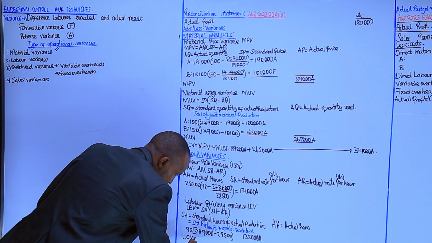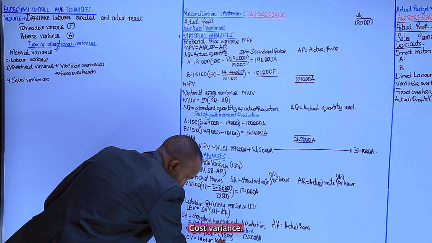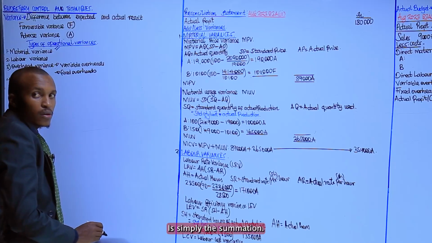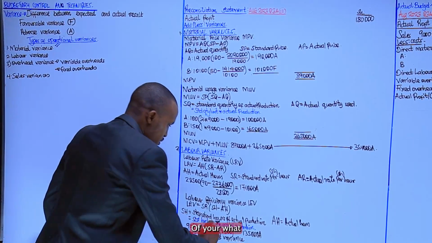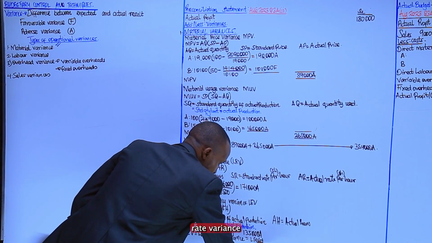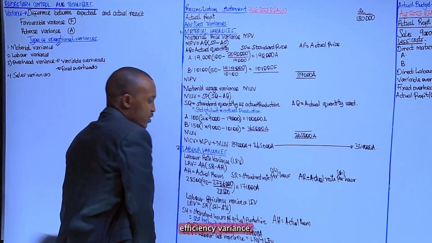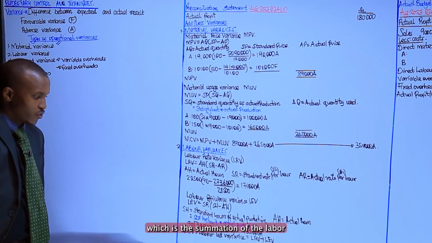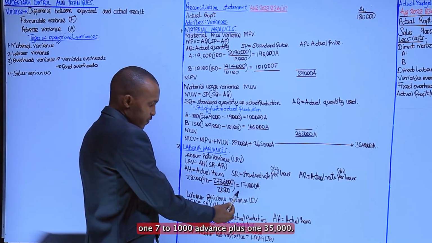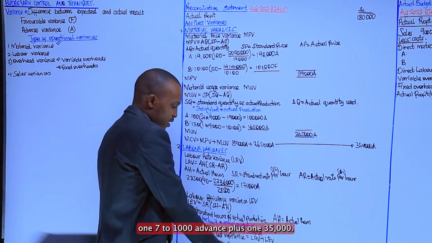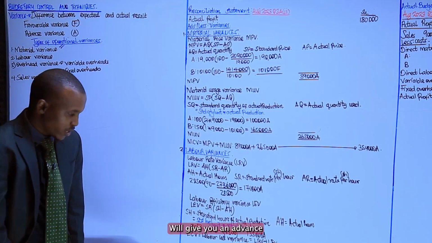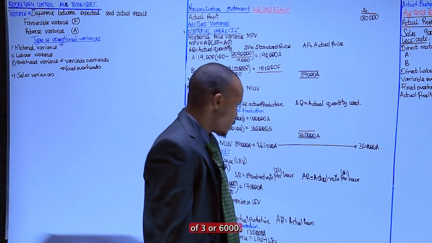Then your labor cost variance is simply the summation of your labor rate variance and your labor efficiency variance. 171,000 adverse plus 135,000 adverse will give you an adverse of 306,000.